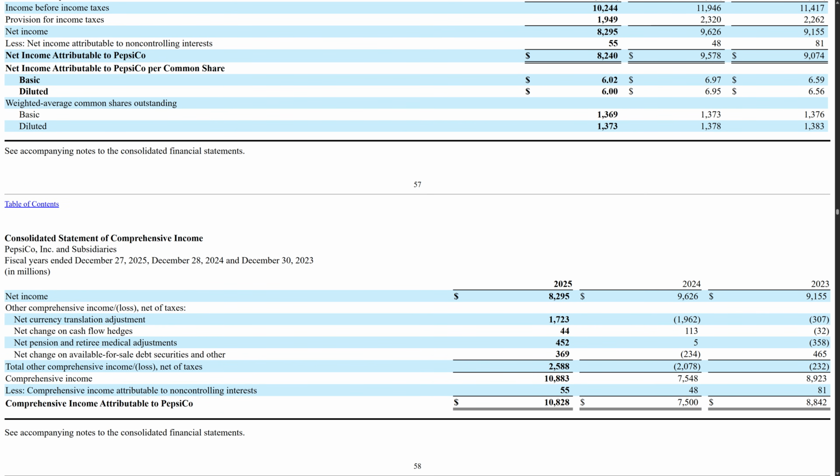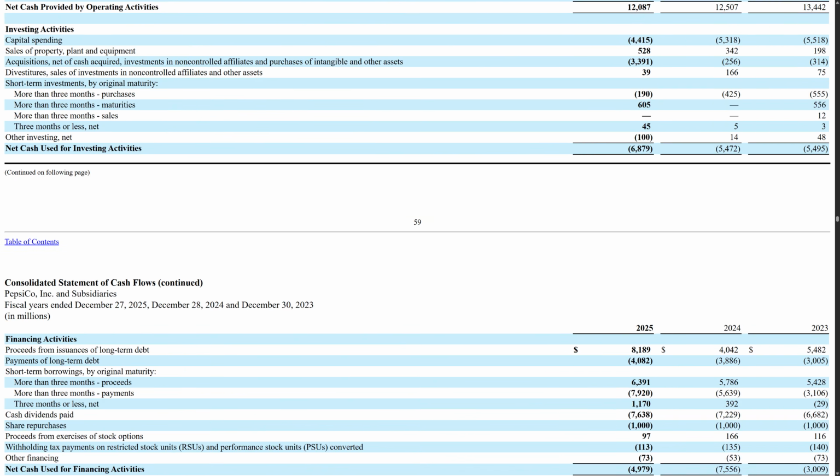And here they have some of those items we discussed: currency translation, changes in cash flow hedges, pension adjustments, and net changes in the value of available for sale debt securities. And in total, those items represent a change in accumulated other comprehensive income of $2,588 million. This business is just a bit larger than Brightleaf.